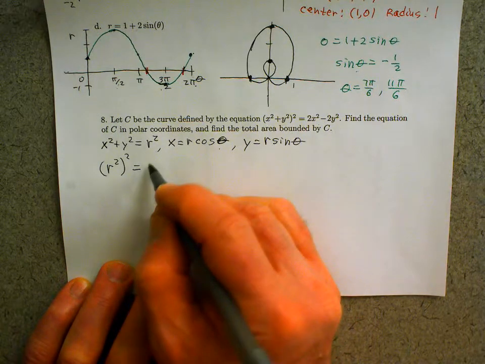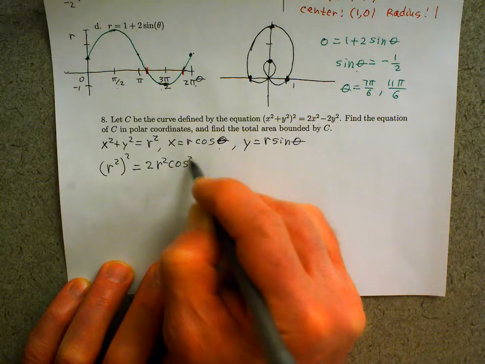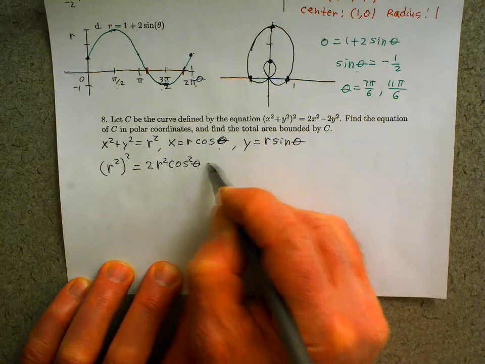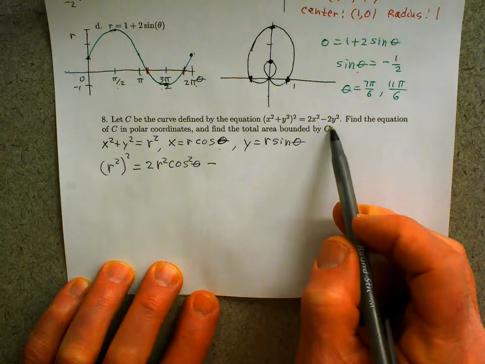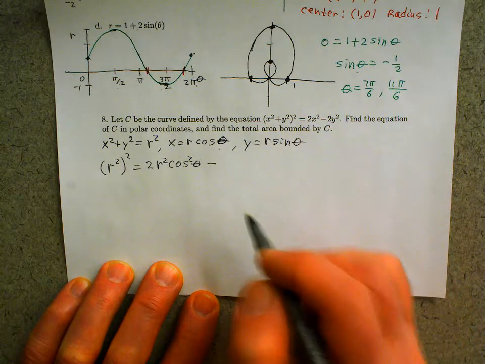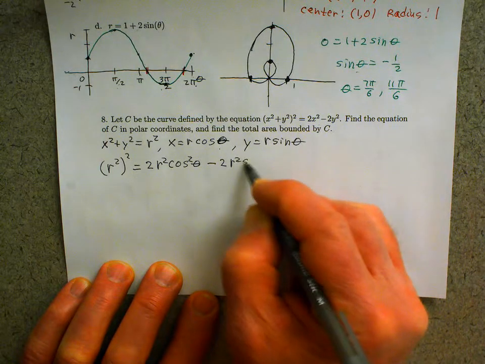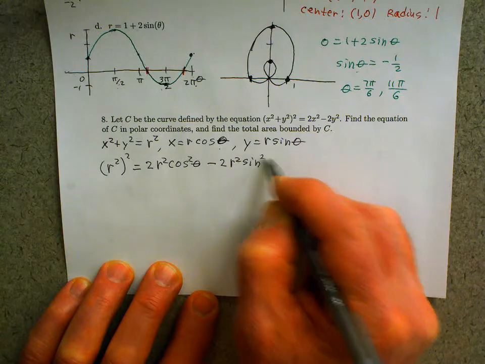So this is equal to 2r squared cosine of theta squared, and then minus 2y squared, but y is replaced with r sine of theta, so this is minus 2r squared times sine of theta squared.